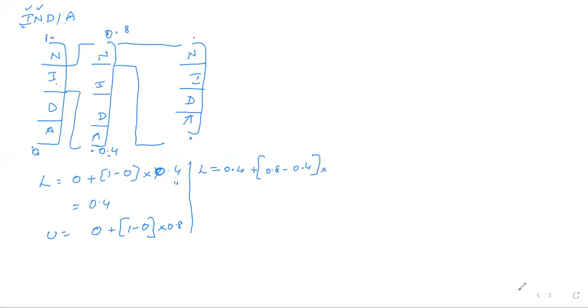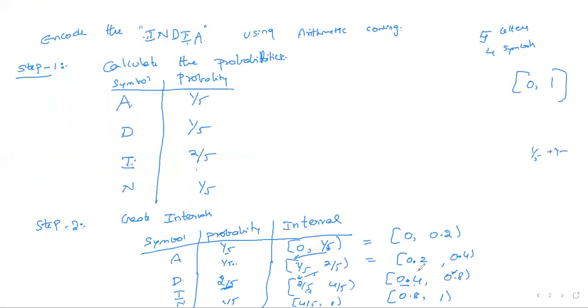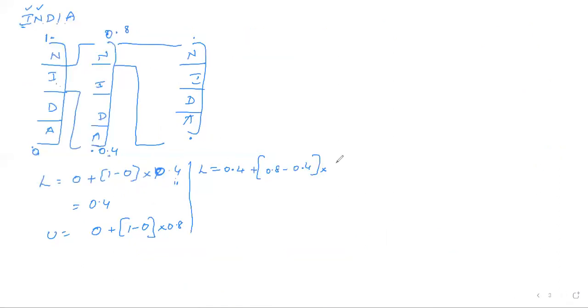N lower interval is 0.8. So 0.4 plus 0.4 into 0.8. How much is the value?